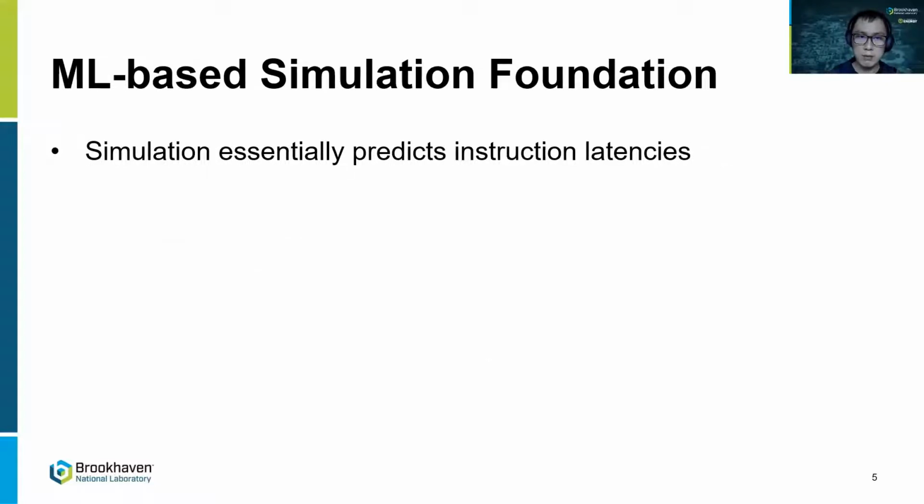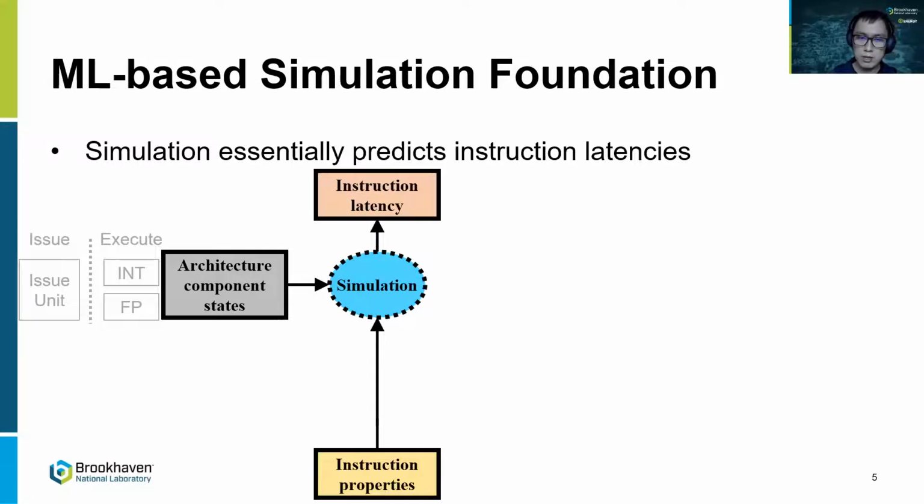The process of simulation is essentially to predict instruction latencies. From the simple example we showed before, we can see the latency of an instruction is decided by its own properties, like its operation type, etc., as well as the current architecture component states. Like in the example before, we showed the states of the fetch unit as well as the function units.